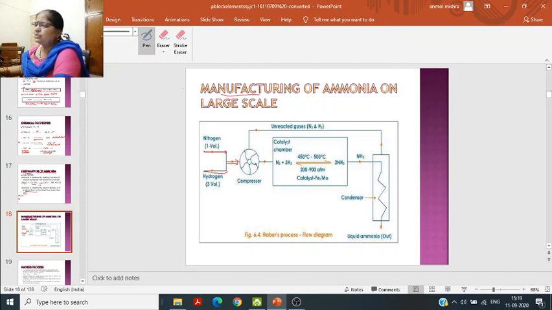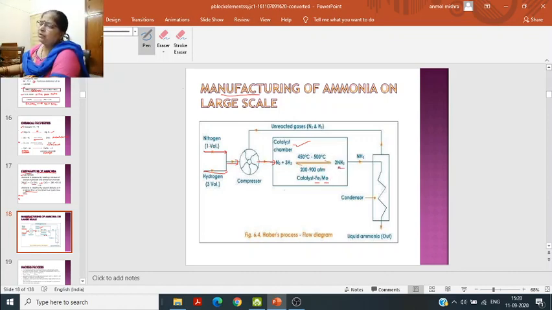Then the mixture is passed through a catalytic chamber, at a temperature of 450 to 500 degrees centigrade and high pressure, 200 to 900 atmosphere. The catalyst is iron, and the catalytic promoter is molybdenum.